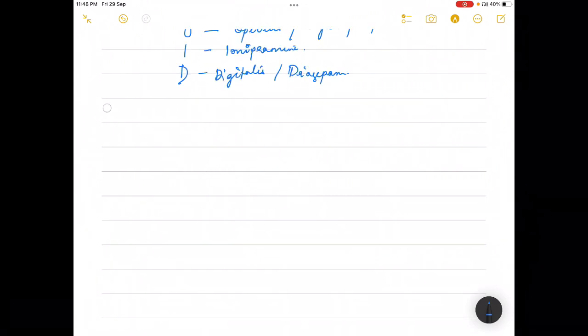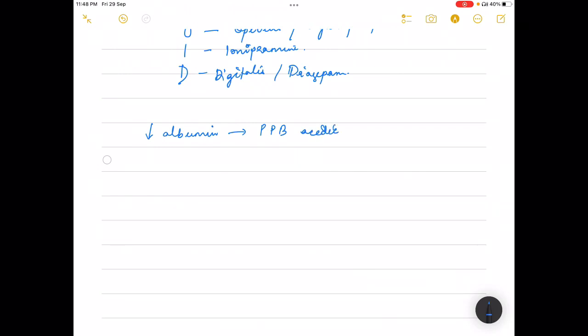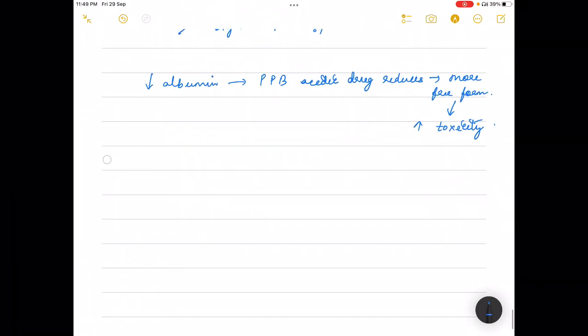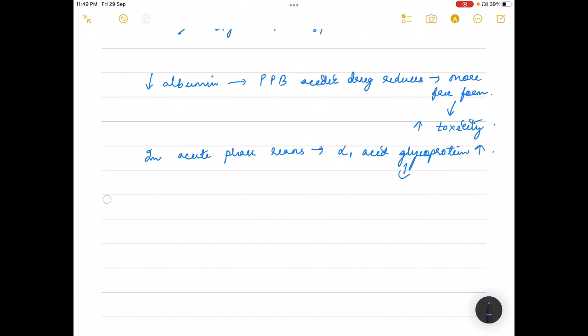Next, in hypoalbuminemia or nephrotic syndrome, there is a decrease in albumin. So the plasma protein binding of acidic drugs reduces. There will be more free form and this will result in more toxicity of the acidic drugs. In acute phase reactions, plasma protein binding of the basic drugs increases.